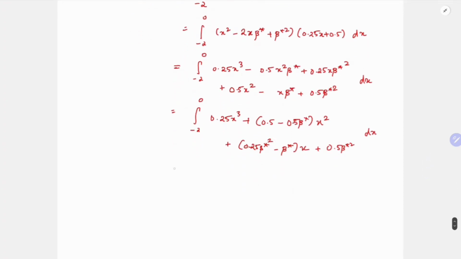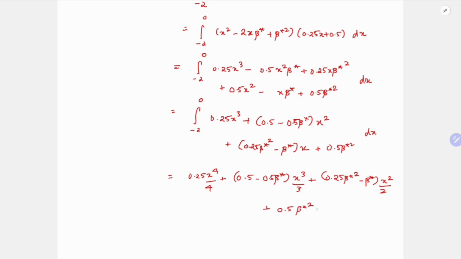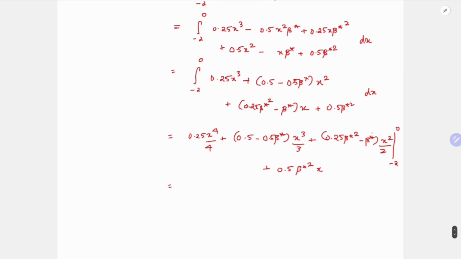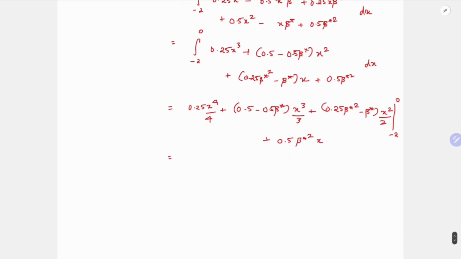So can we integrate this quickly? So we get 0.25 into x power 4 by 4, plus 0.5 minus 0.5 beta star into x cube by 3, plus 0.25 beta star square minus beta star into x square by 2, plus 0.5 beta star square x, and this from minus 2 to 0. So 0 everywhere it will be 0, we just need to do minus 2.